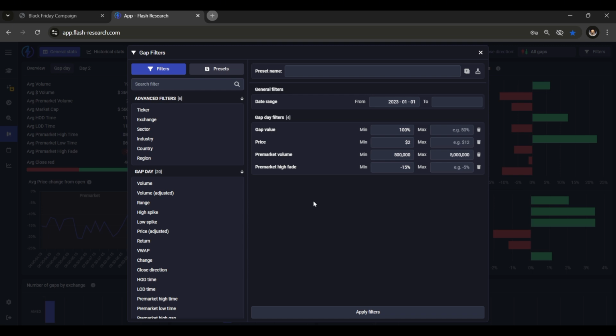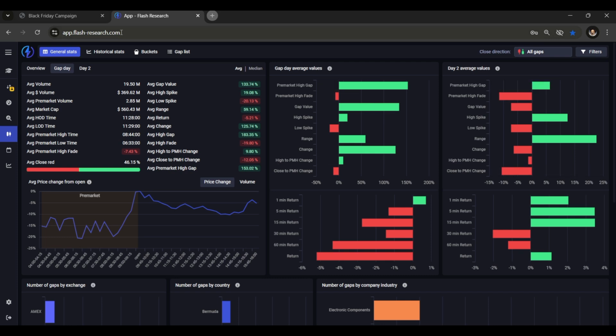It is so unique for doing that task in a very easy way, because before having Flash Research you had to make complicated Excel sheets, you had to make complicated Python solutions, you had to break your head a lot to get those kinds of results, and now you get those within minutes. You saw we filtered this out, well, not even minutes, we did it in 5 seconds or so.